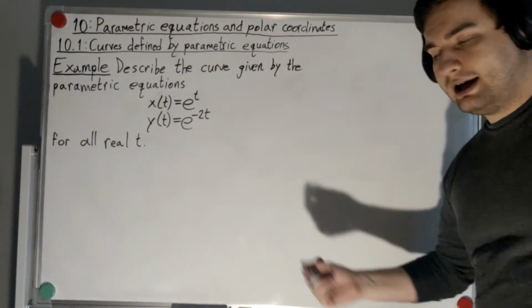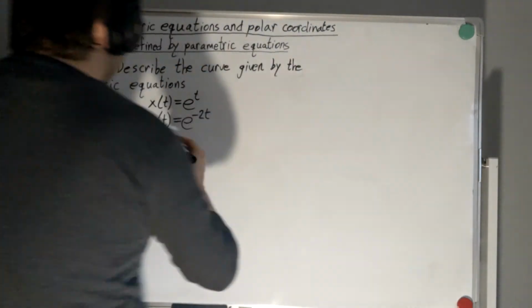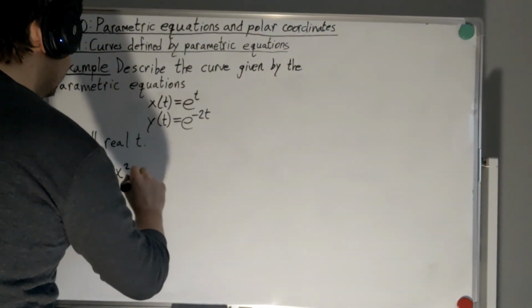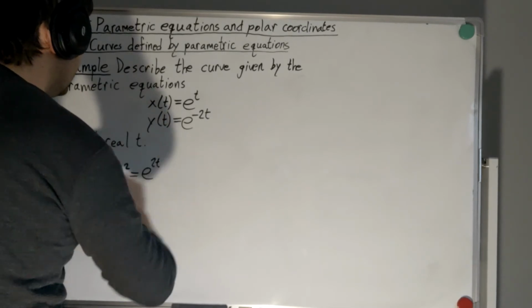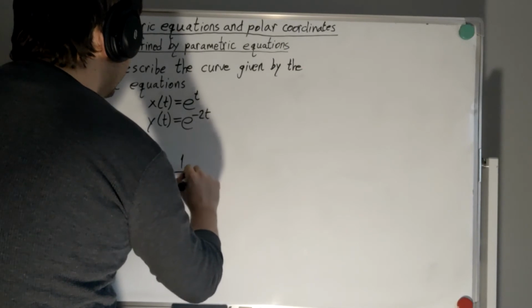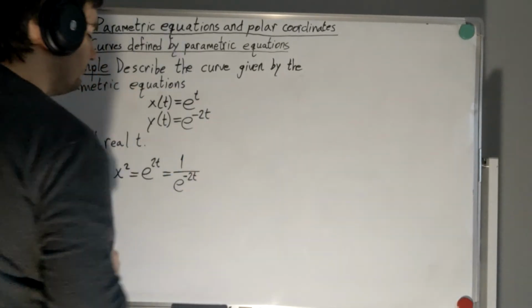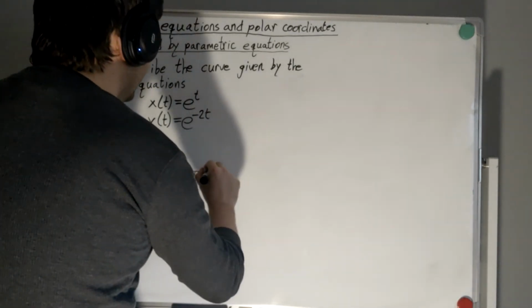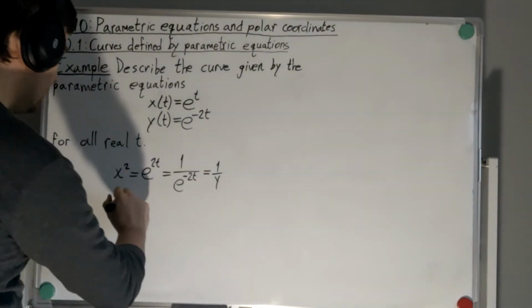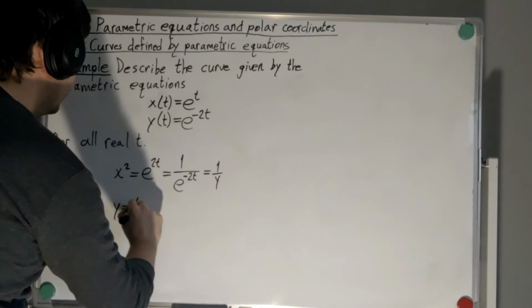In order to do this one, we have to recognize that x squared is e to the 2t, and that happens to be 1 over e to the negative 2t, which is just 1 over y. Ergo, y equals 1 over x squared.